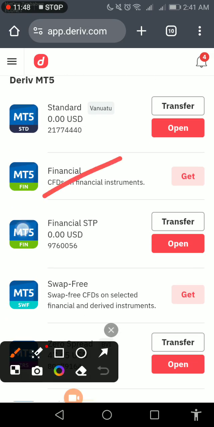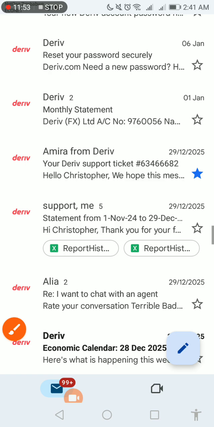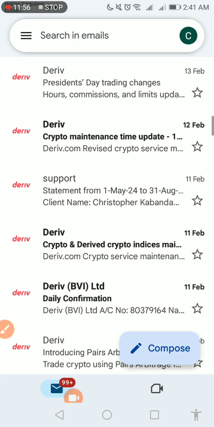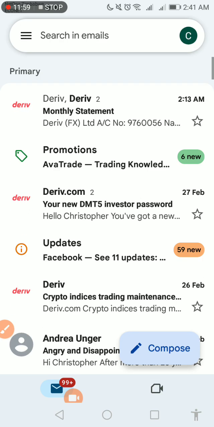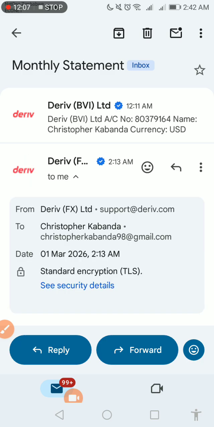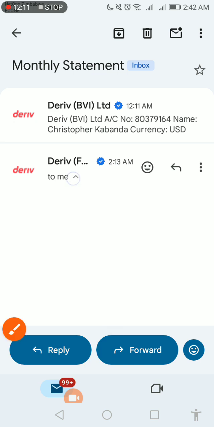So the STP account doesn't have anything. Then I'm now going to show you broker statements. So for CFDs, the FX account doesn't have anything. Okay, that's the low leverage STP account.